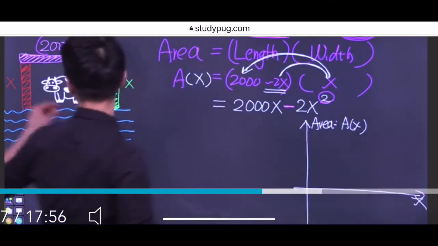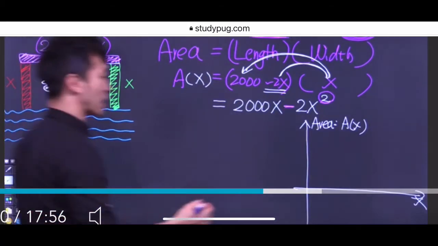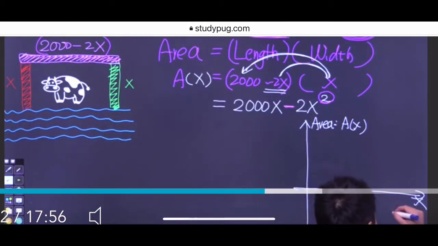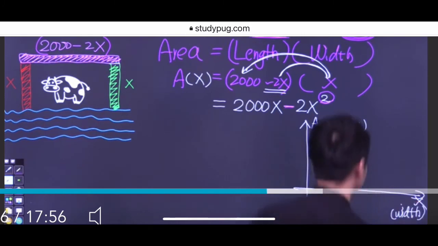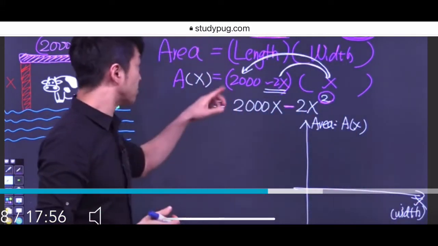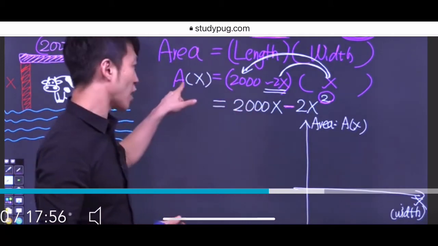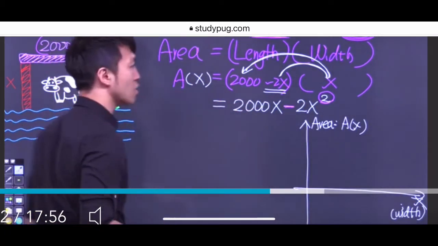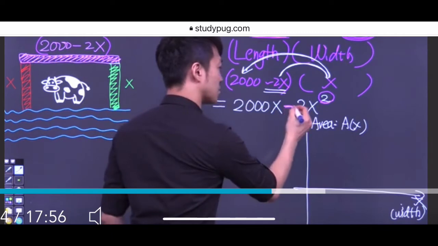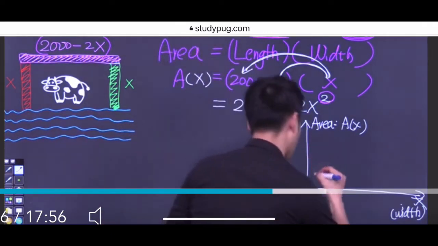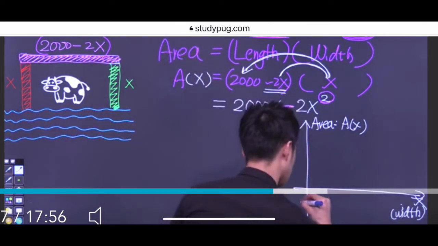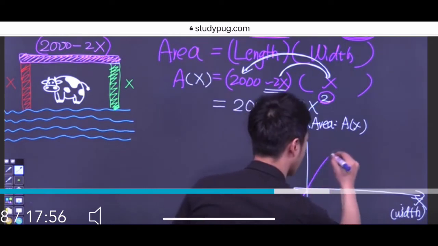Where x is the width of the rectangle. So now, if I sketch the graph for the area function, I should expect to have a parabola opening down, right? Something like this. A parabola opening down, right?